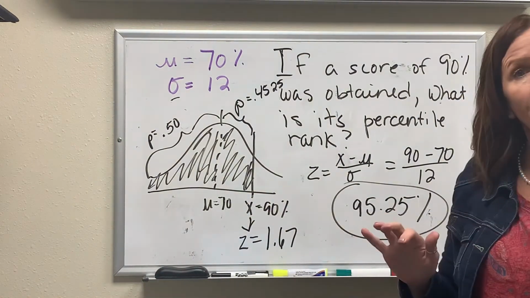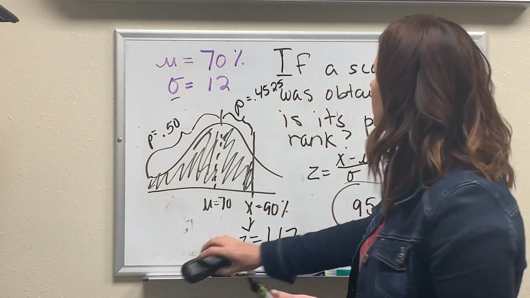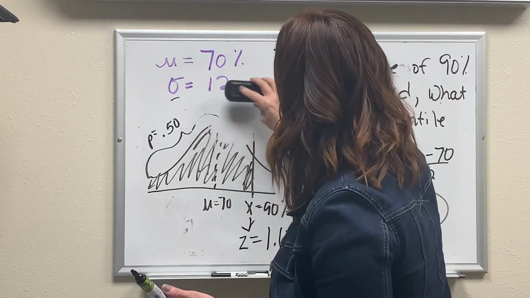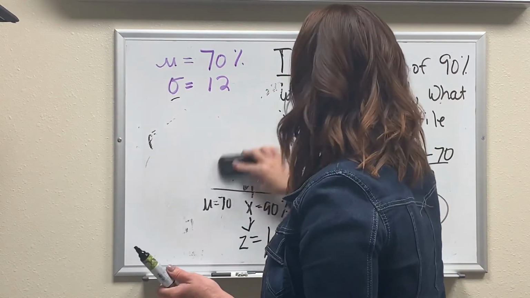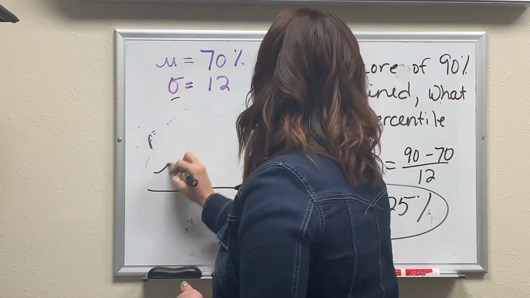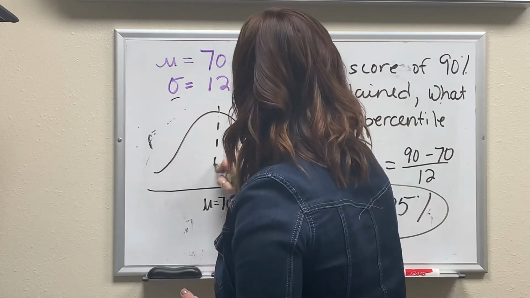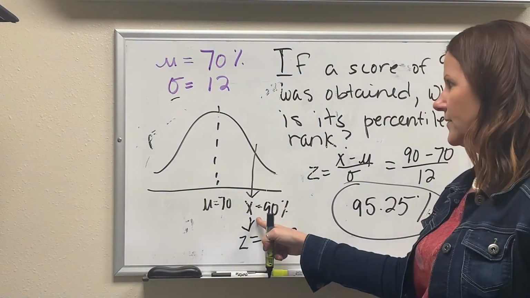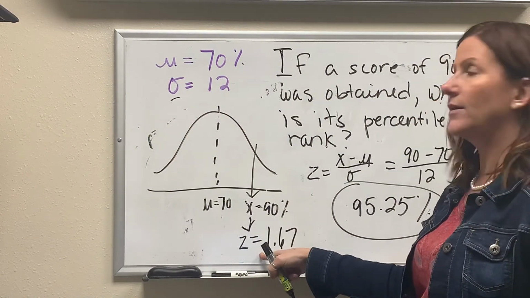There is another method, okay? So we could look at, I'm just gonna redo this really quick. We know that our x is 90%, our z is 1.67.